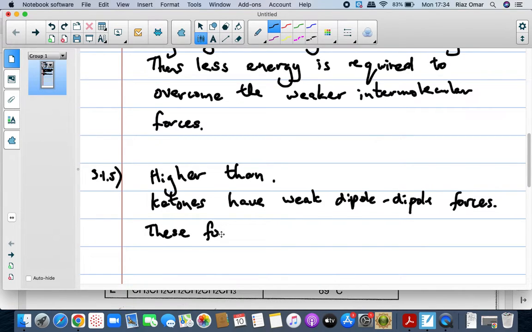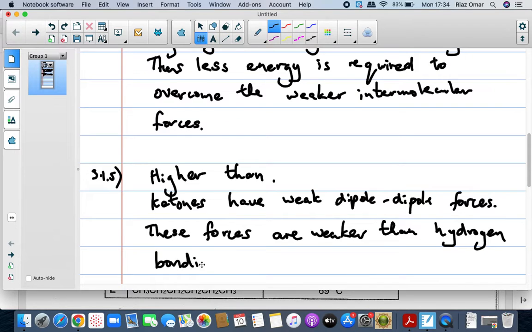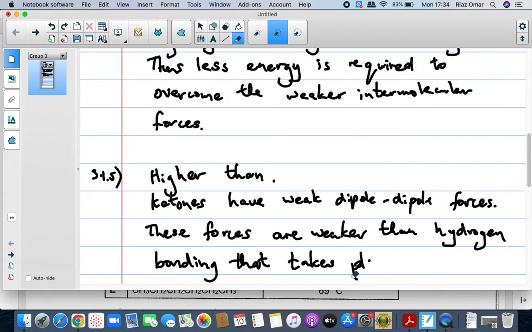These forces are weaker than the hydrogen bonding that takes place in alcohols.